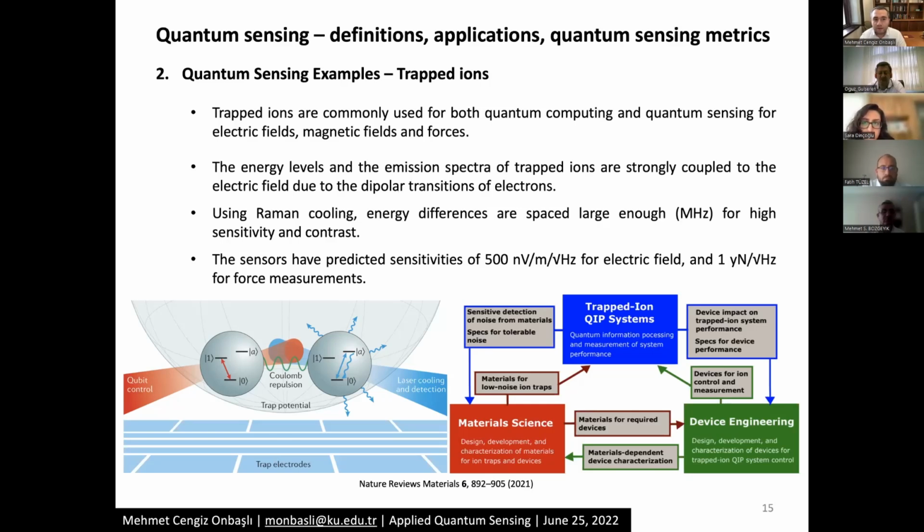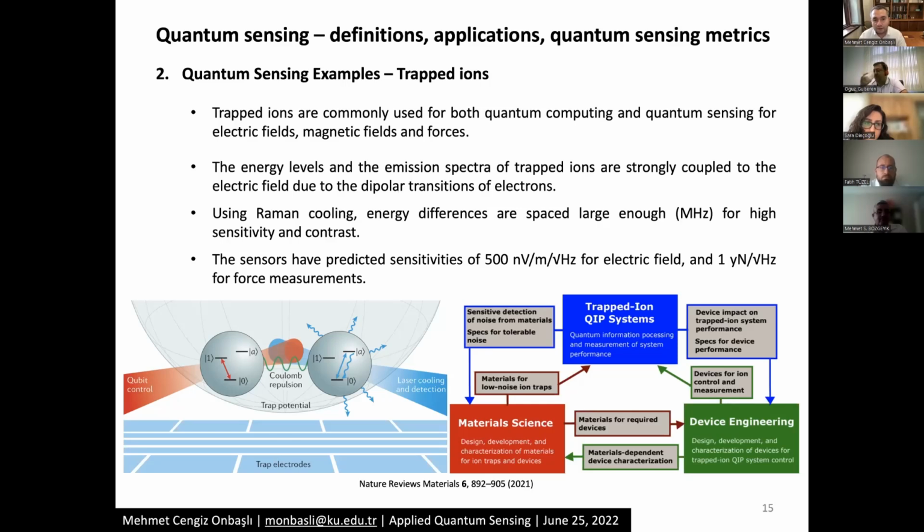And again, using Raman cooling, we can detune or cause a shift in the energy levels of these ions and achieve megahertz-level differences for state transitions. And the next thing that we can see is sensitivities for electric fields.